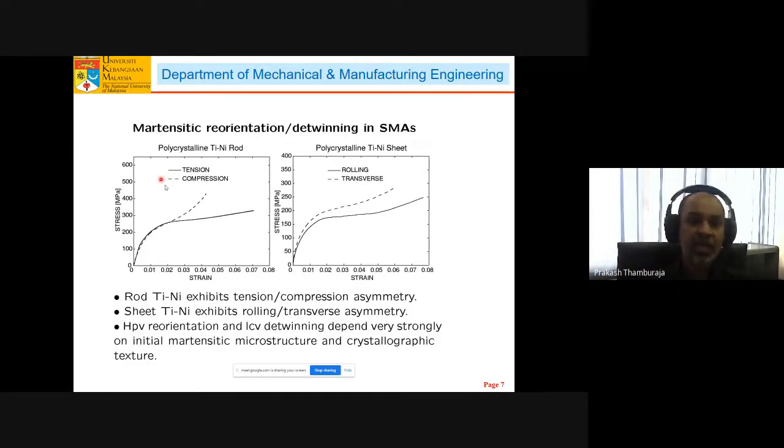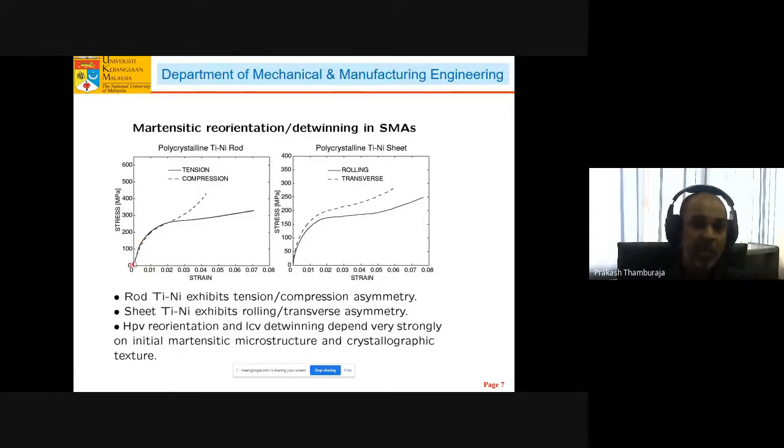You can clearly see we have done some laboratory tests for the nickel titanium rod here. In this case, we look at a rod under tension and compression. In tension, you have a sample and you pull it. We also perform a compression experiment where we cut a cylindrical sample and compress it. When you do this experiment, you clearly see some asymmetry in the response.